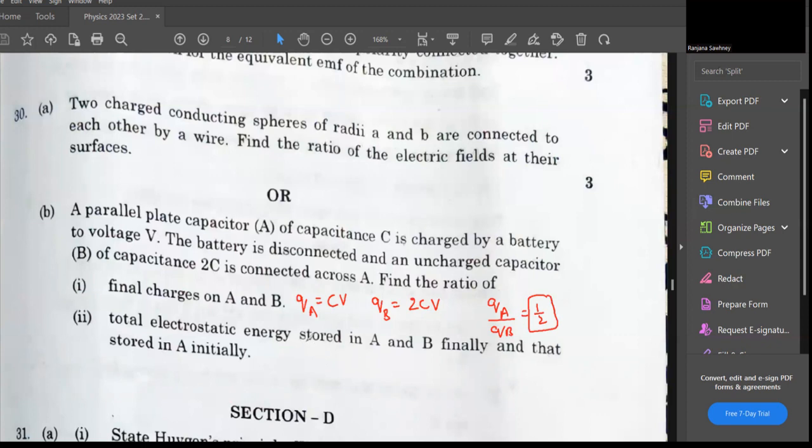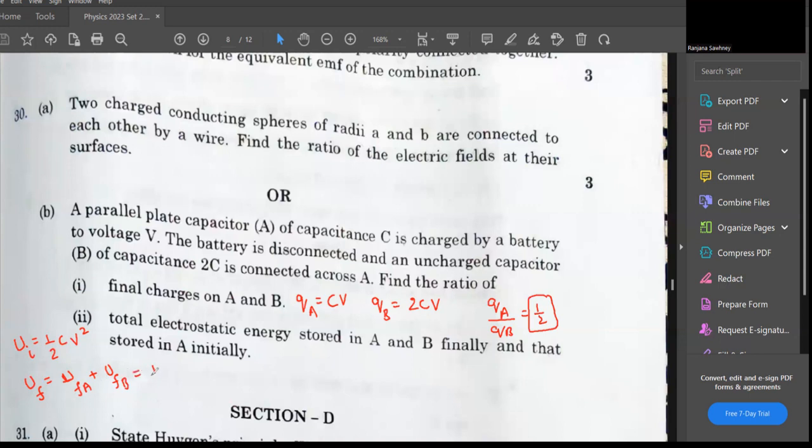Now the total electrostatic energy stored in A and B finally, compared to that stored in A initially. Initially the energy stored in the first capacitor is half C1 V square. C1 here is equal to C and it is charged to V, so half CV square. Now the final energy stored will be the final energy stored in the first capacitor plus the final energy stored in the second capacitor.